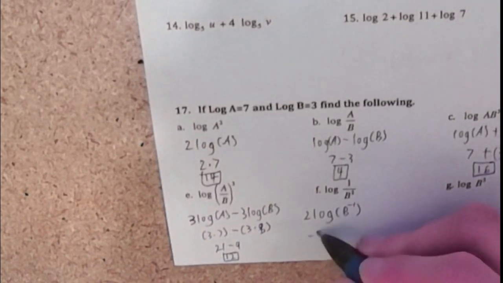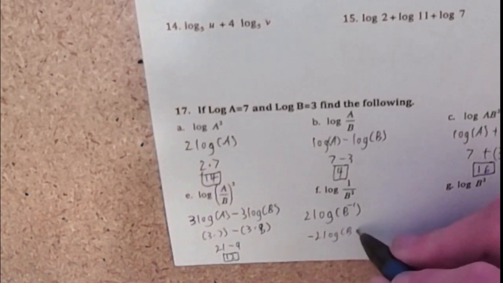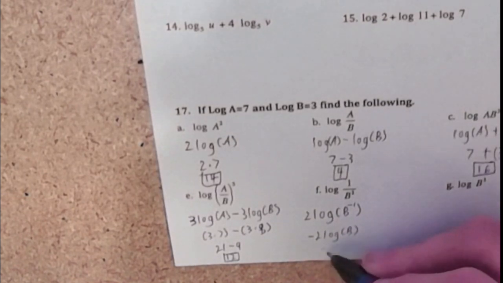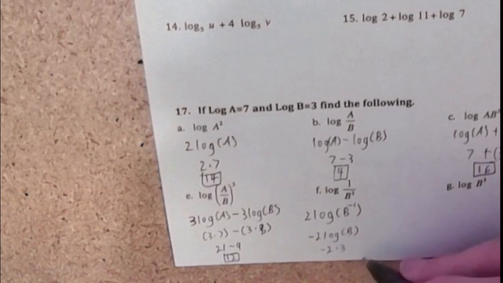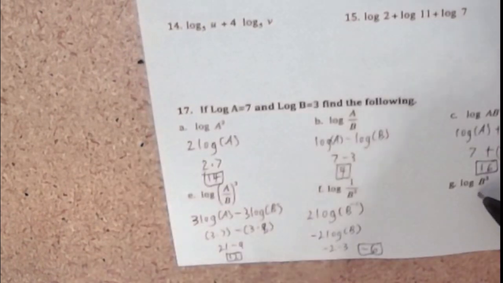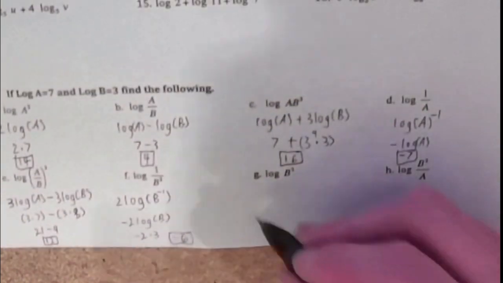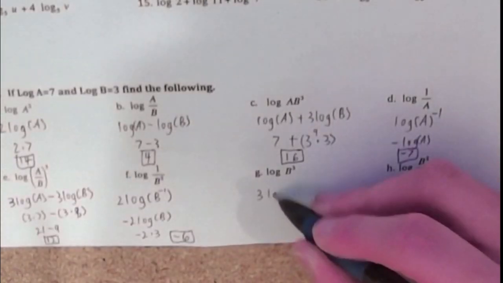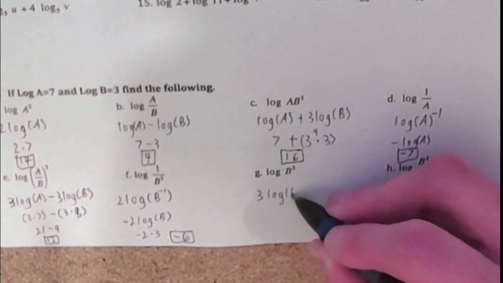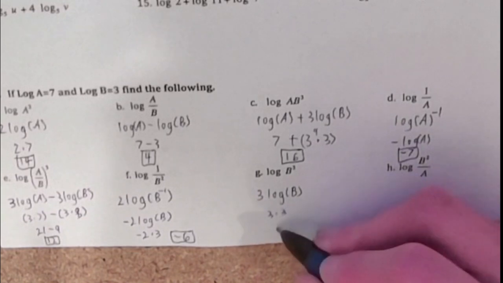So then we can put the negative 2 log b, which is negative 2 times 3, negative 6. Then we have this one, sorry, it's going to be 3 log of b, which is just 3 times 3, 9.